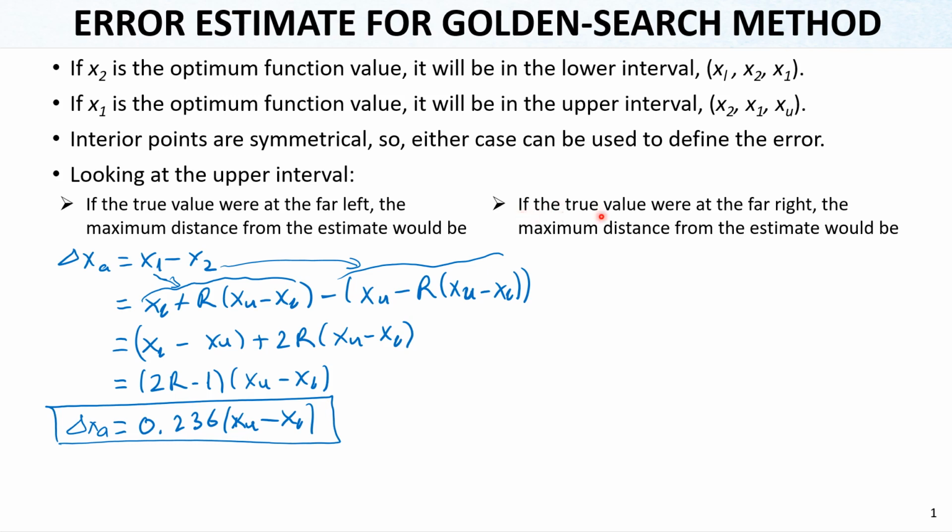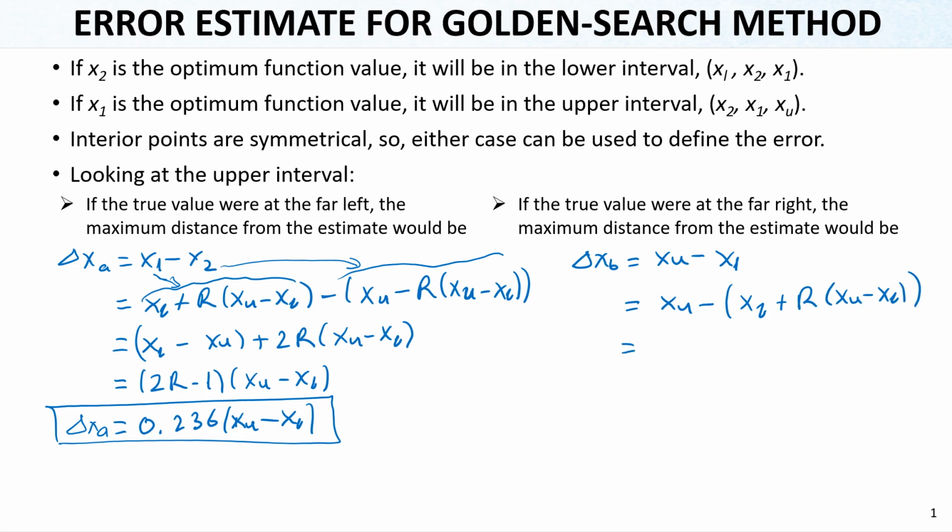Similarly, if the true value were at the far right, the maximum distance from the estimate would be, from here, delta xb equals xu minus x1. In this scenario, we have xu already, and for x1, we will have xl plus r times (xu minus xl).